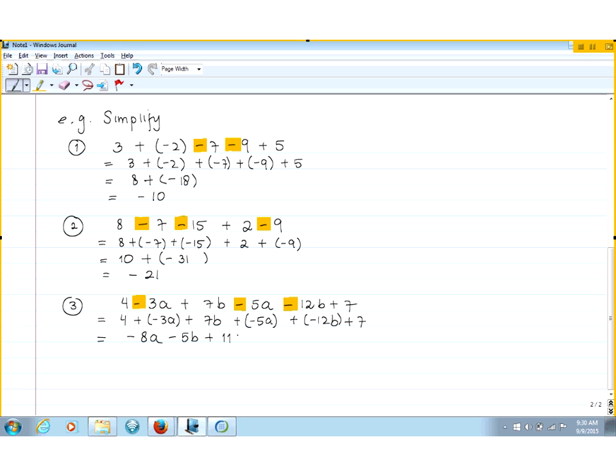So A first, and then B, and then C. But if you put 11 minus 8a minus 5b, that is not wrong. That is correct also. It's just that usually you have your variables first. Okay. Good question.